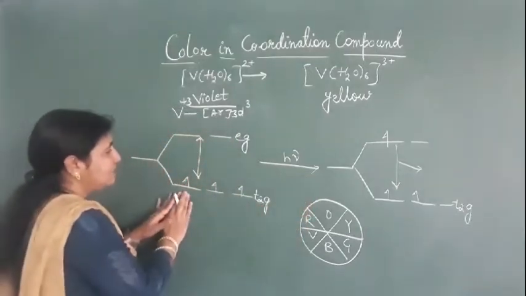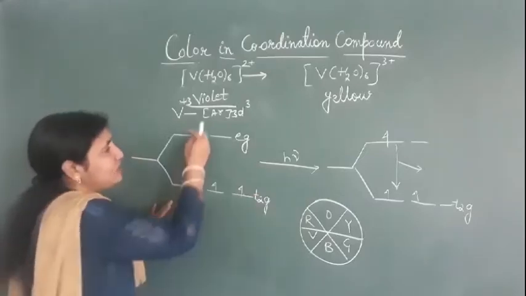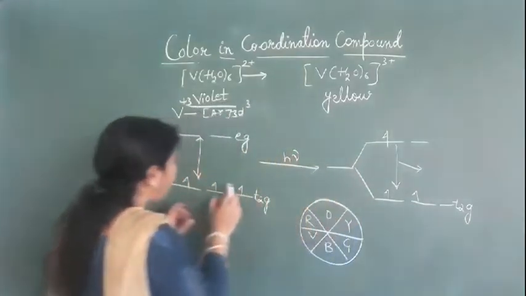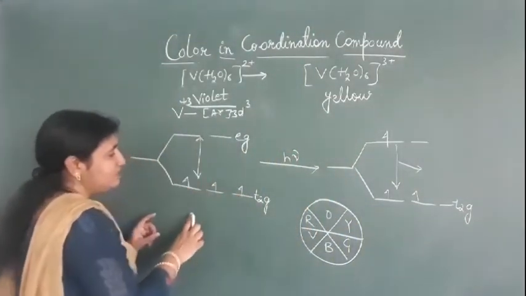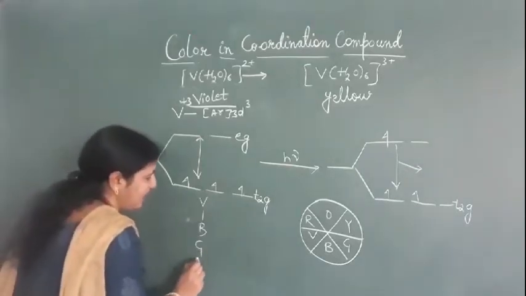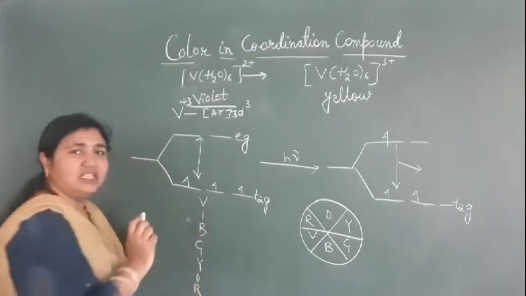These electrons will absorb some wavelength of light and jump into a higher energy level. If the splitting is less, they will absorb the low energy wavelength. As I said, all these colors have different wavelengths.